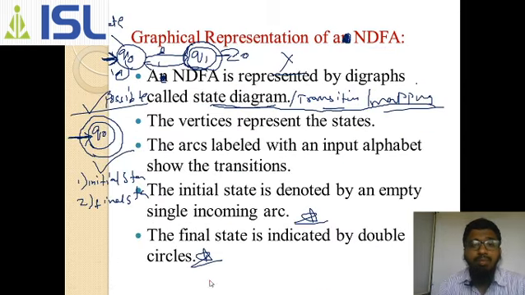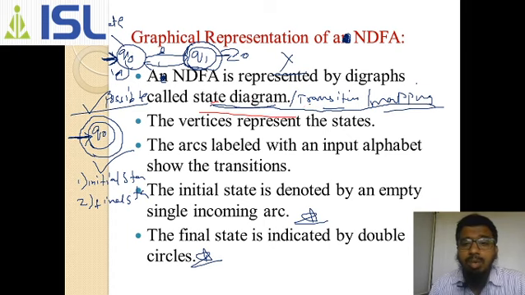Okay, and in the graphical representation, the DFA diagram, we can say the state diagram, is the transition or mapping. This represents the state, and labeled means when we say 0 is going here, 1 is coming here.